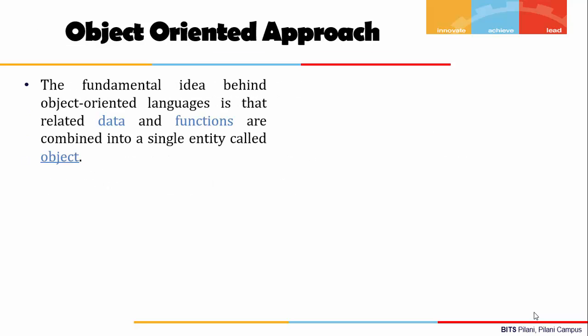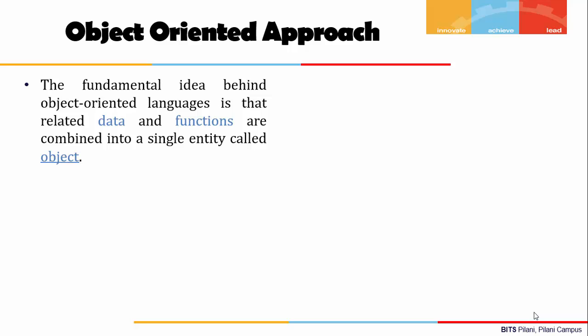The object-oriented approach uses the fundamental idea of combining into a single unit both the data and the functions that operate on that data. That is, the related data and functions are combined into a single entity known as an object.